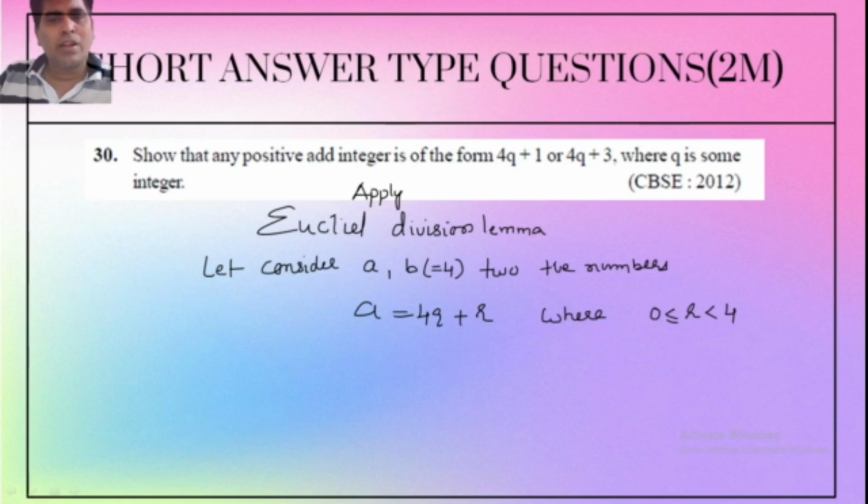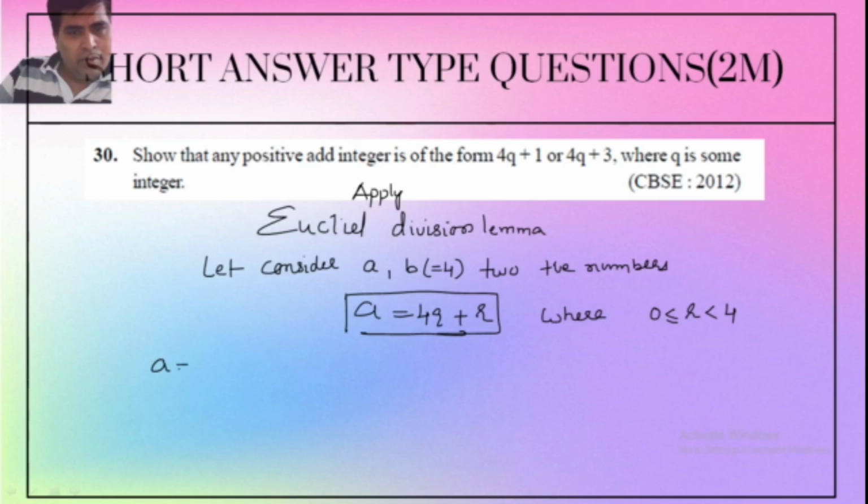So this is the Euclid division lemma statement. I have taken two positive integers and I have applied the Euclid division lemma. So here, whatever expression I got, I can write different values of R in this expression.